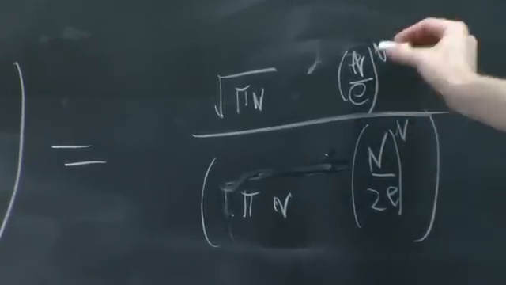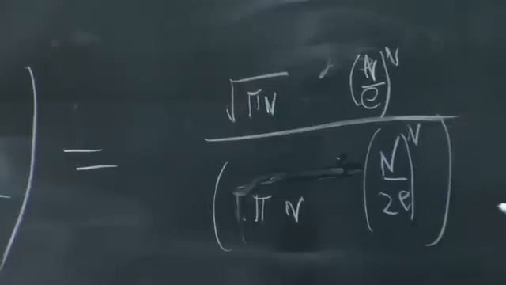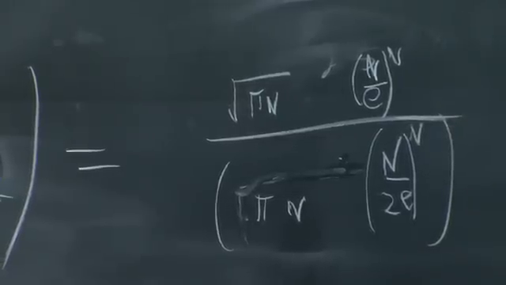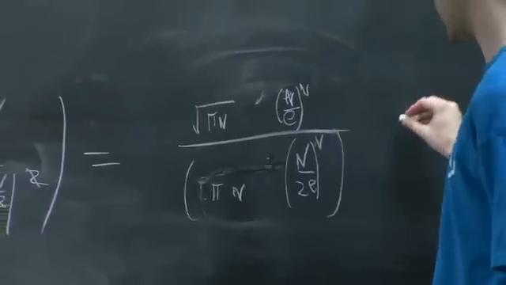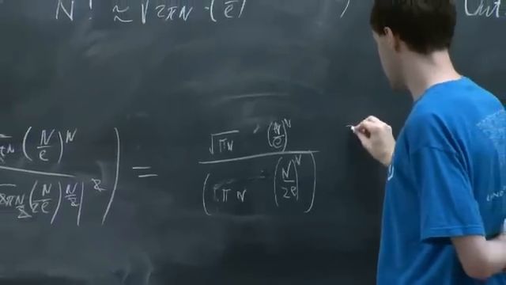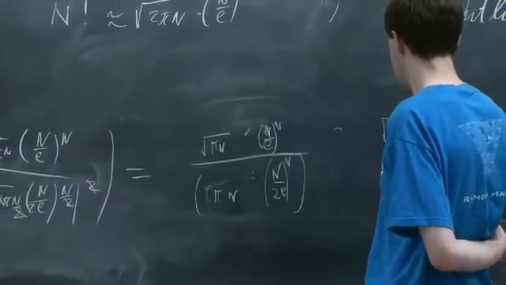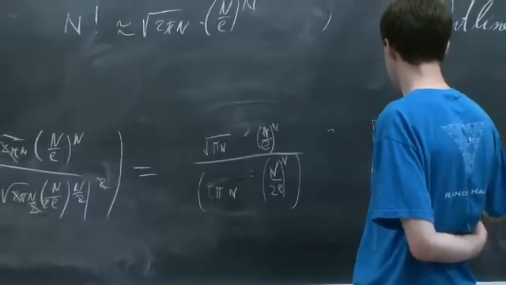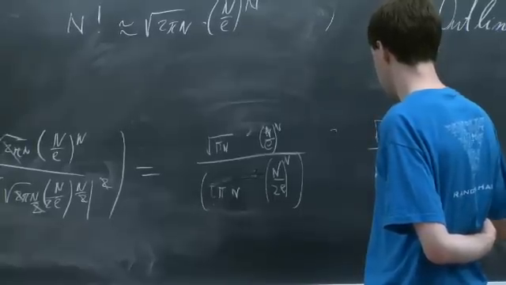So since this is n over e to the n and n over 2e to the n, since they're both to the n, we can keep them as a single exponent and cancel stuff, so we just get square root of pi n times 2 to the n over pi n.